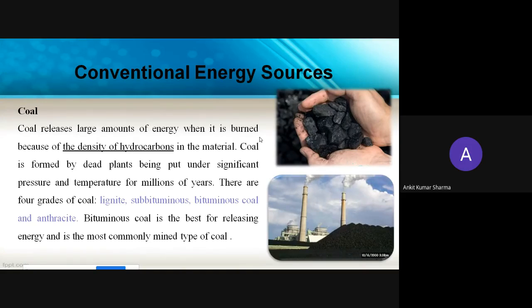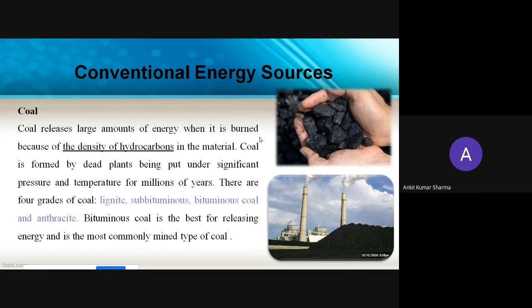Coal releases a large amount of energy when burned because of the density of hydrocarbons in the material. So you can define coal as the density of hydrocarbons.